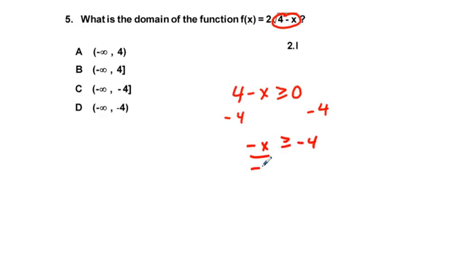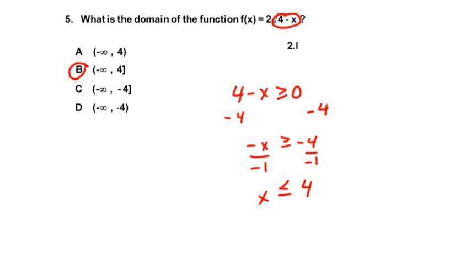And if we divide both sides of this inequality by negative 1, we get x, and we have to switch the direction of the inequality, so x is less than or equal to 4. And this equal to is the bracket. It's not negative 4, it's positive 4. So our correct answer for this one will be answer choice B.